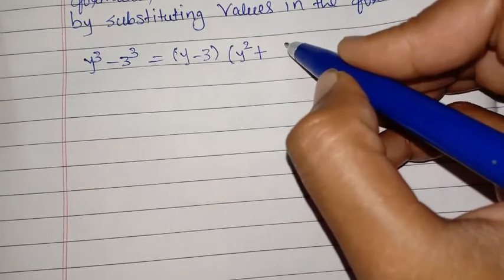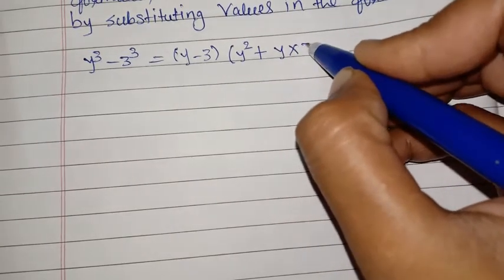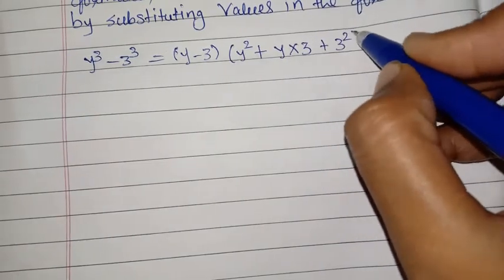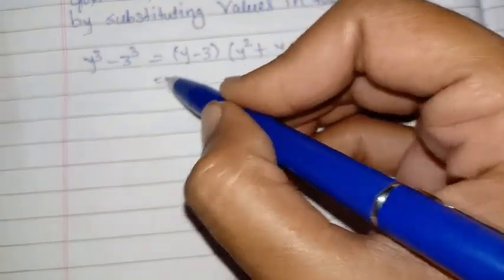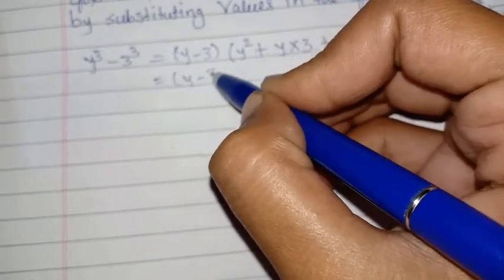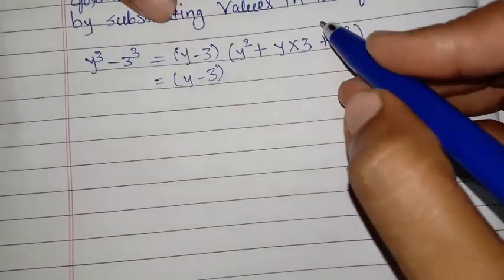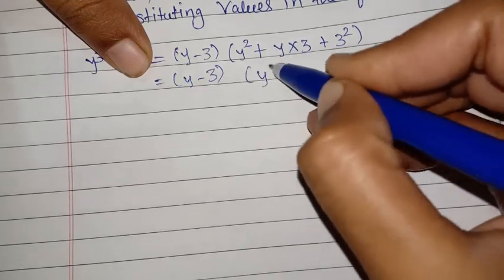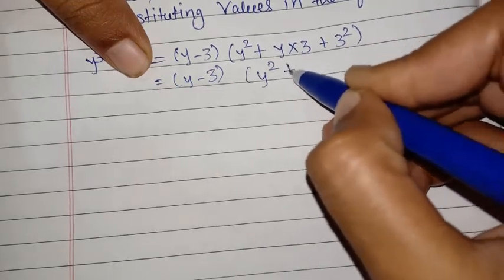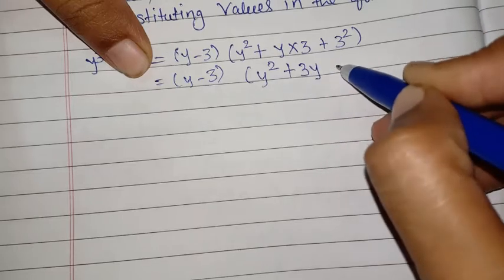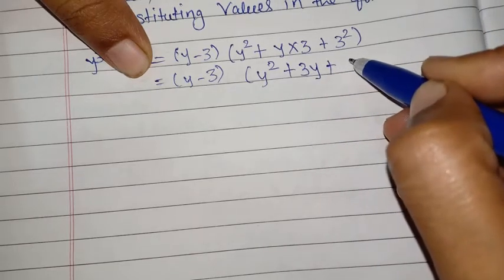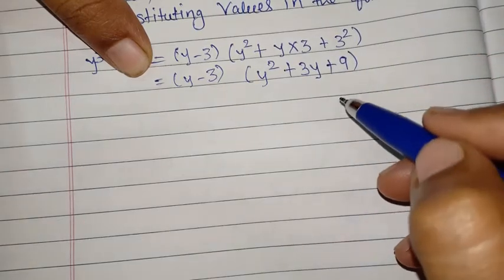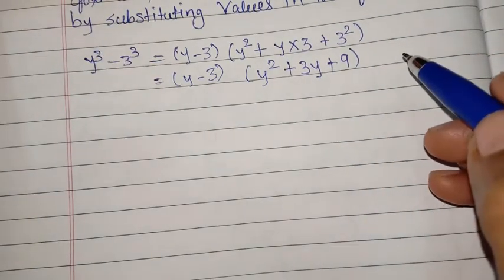What is a? y into 3 plus 3 square. Next, y minus 3 into y square plus 3y plus 3 square, what is that? 9. So this is the final answer.